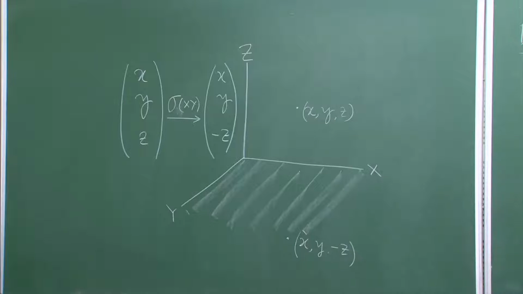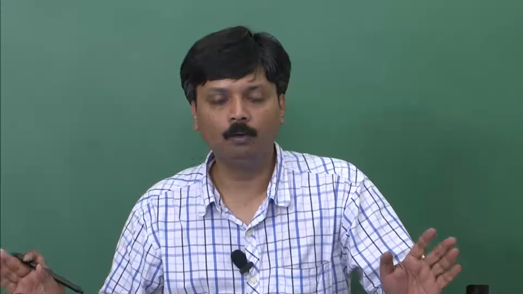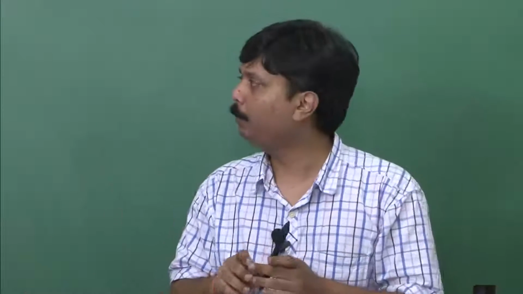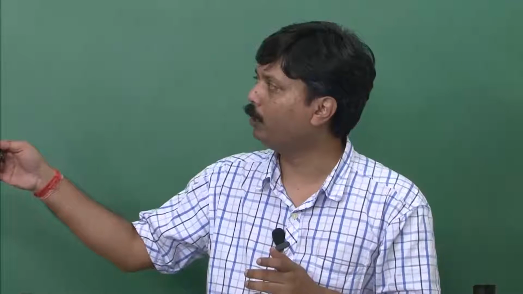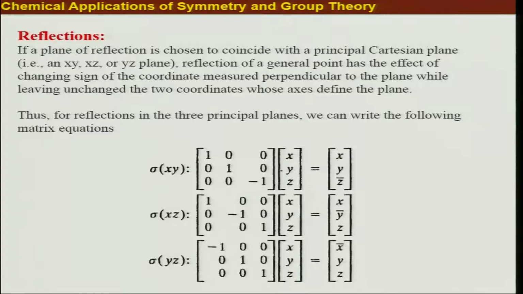So, in order to find the matrix form for this particular operation sigma xy, I have to do something, that we have to form a matrix which makes this transformation from one column vector to the another column vector. So, here if you look at your screen, you can see the matrix representation for sigma xy, and this will be pretty easy for you to understand.